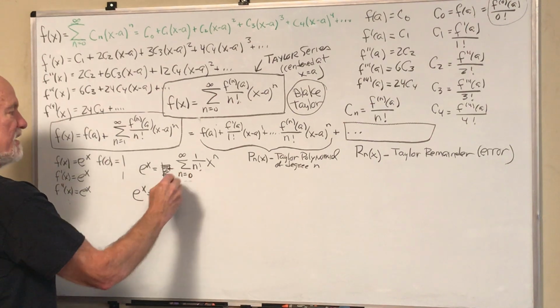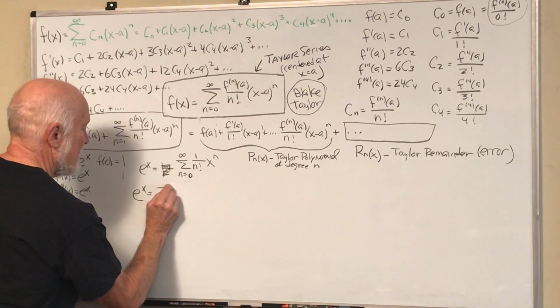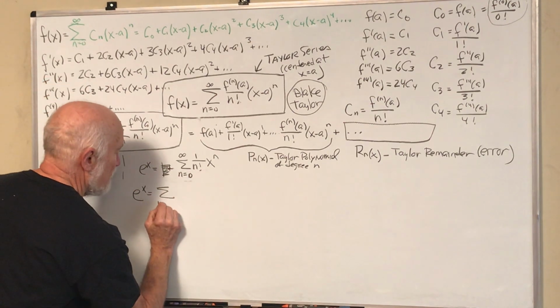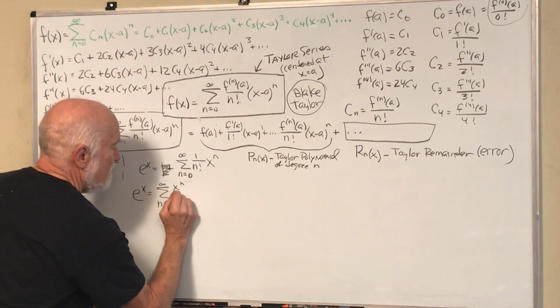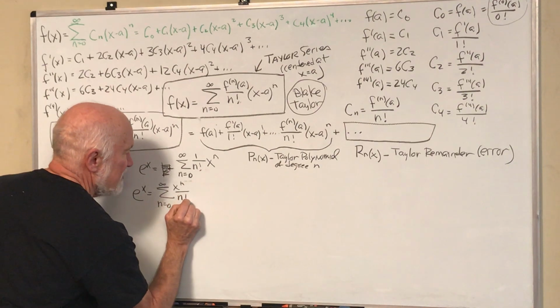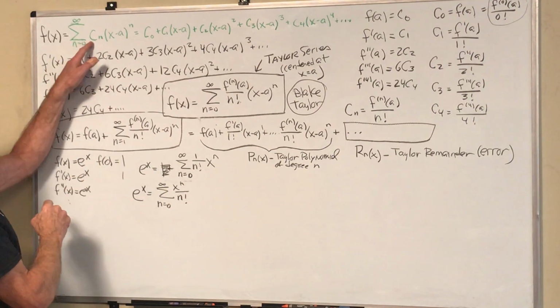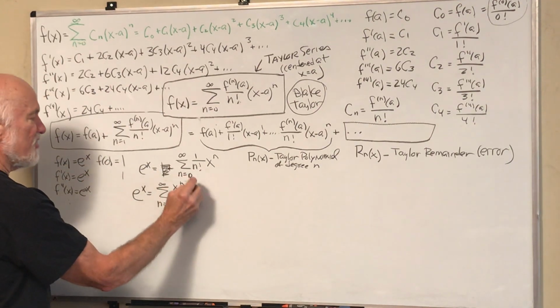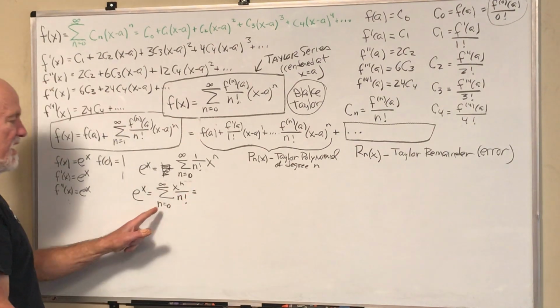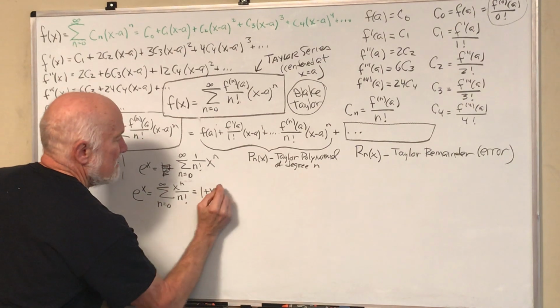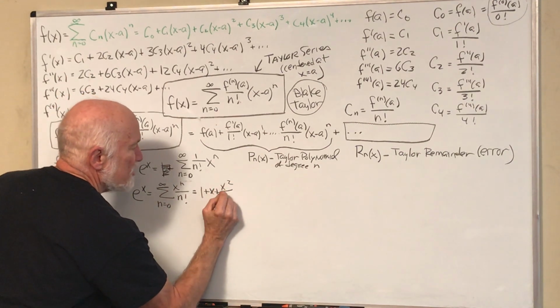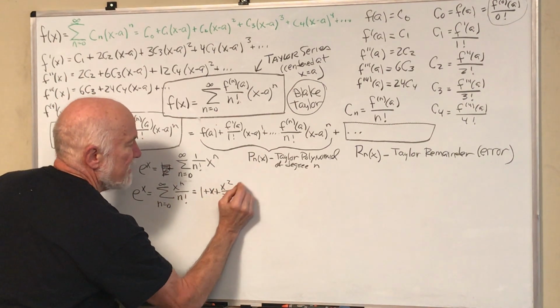You can either write it like this, and then this is important enough that I'm going to rewrite it the way you often see it. Even though it's nice to put the c sub n's out front, this is a nice compact way to do it. And then write it out with some of the terms to show what they look like.